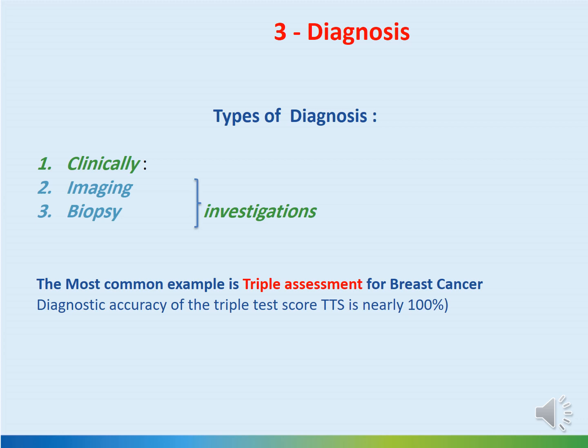Maybe I would repeat the biopsy. So the triple assessment for cancer, and especially for breast cancer, is very important. All studies mention that the diagnostic accuracy of the triple test score, TTS, is nearly 100%.